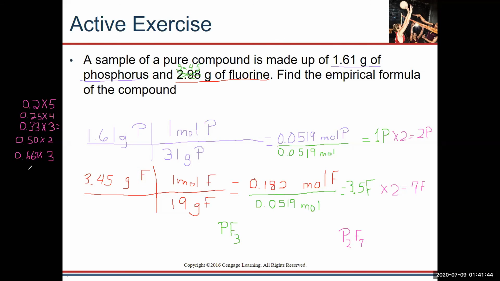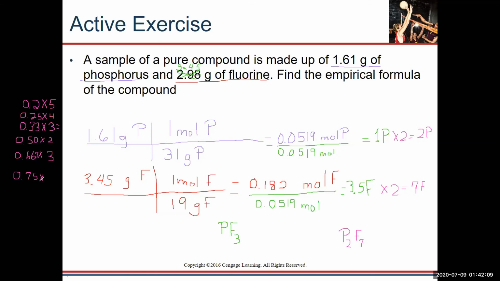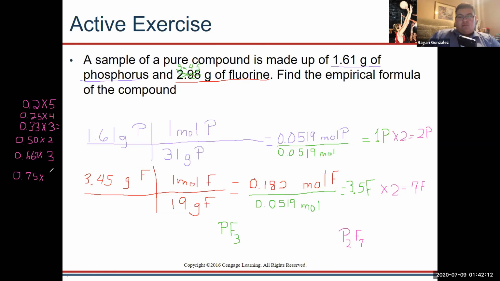You're a genius. So if I have 0.75, what am I going to multiply that guy by? Three-fourths, 3/4, so I multiply it by 4, right? Correct. Is that going to give me a whole number? Yes, 3.